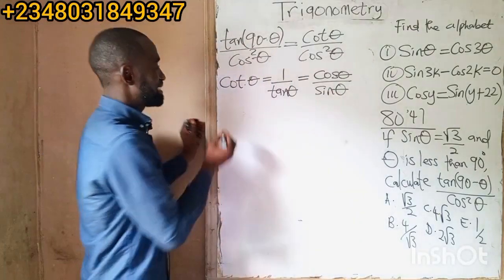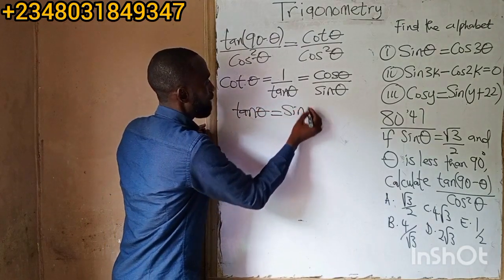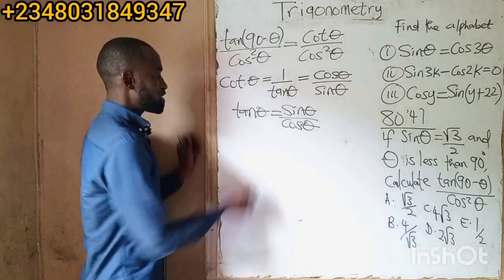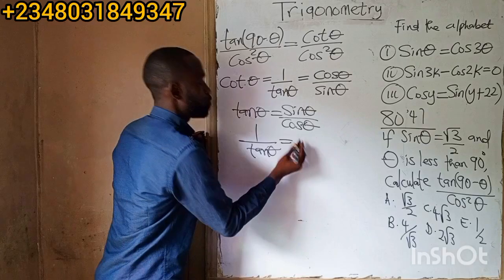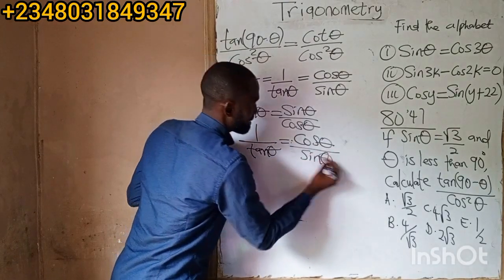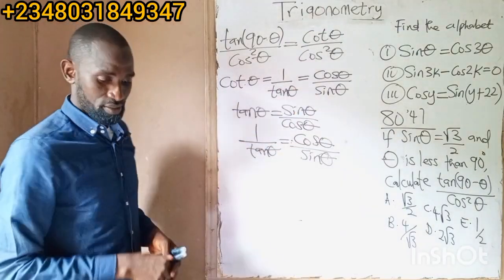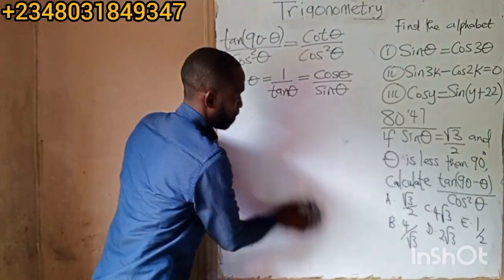We know that tan theta is sin theta all over cos theta, isn't it? So what will 1 over tan theta be? I'll just change it to be cos theta all over sin theta, meaning I swap it. This one goes up, this one comes down. So I have this. Is that okay?